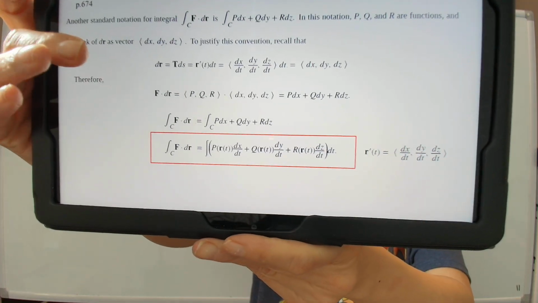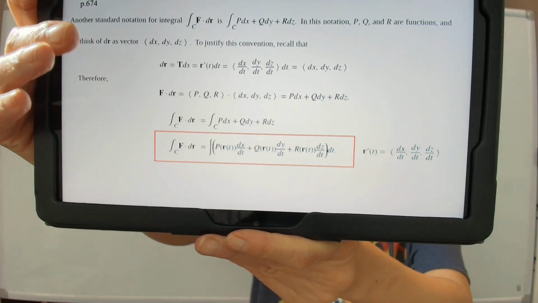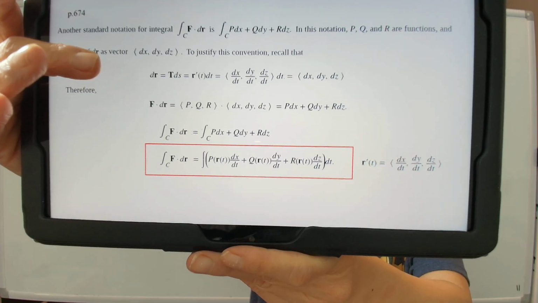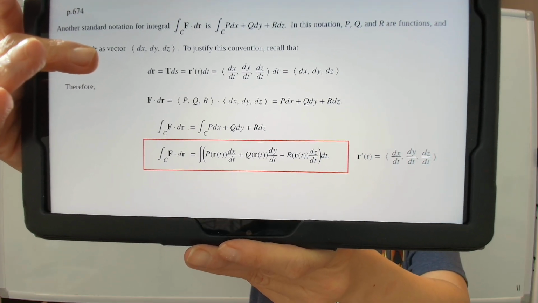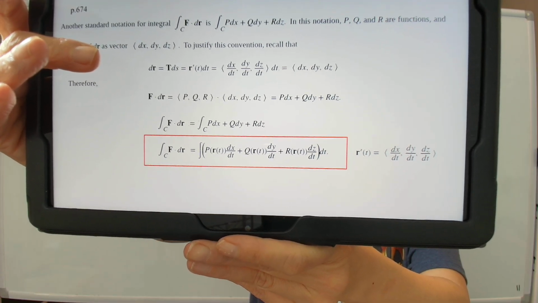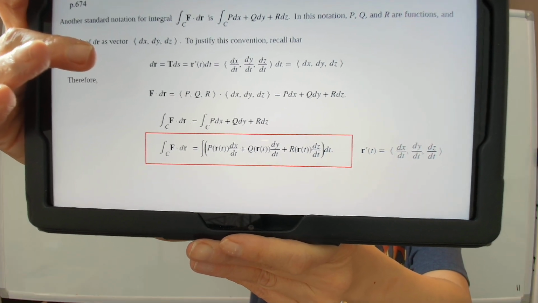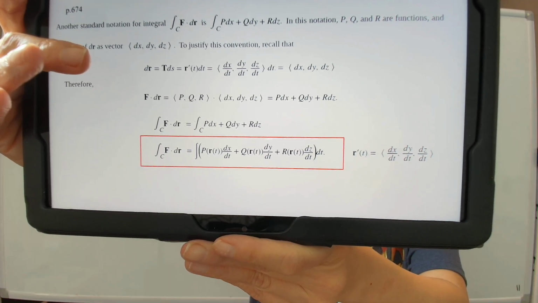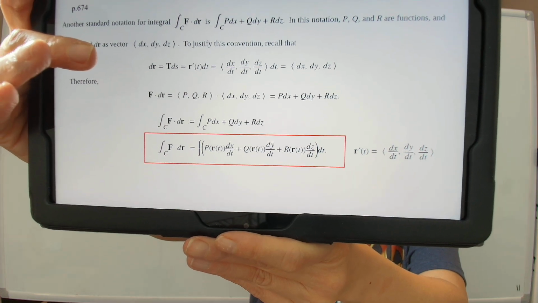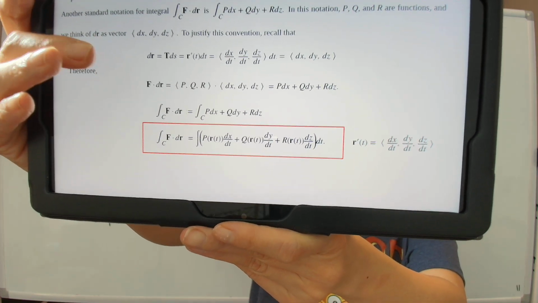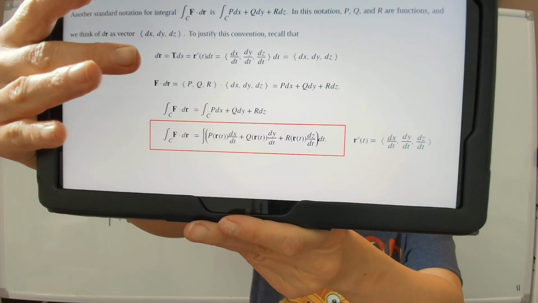And now to explain why that is the case, dr is defined as T ds a little while ago, which is also r prime dt, right? Which is dx by dt, dy by dt, dz by dt, times dt, which is the same as dx, dy, dz, if you do the cancellation of the dt's.